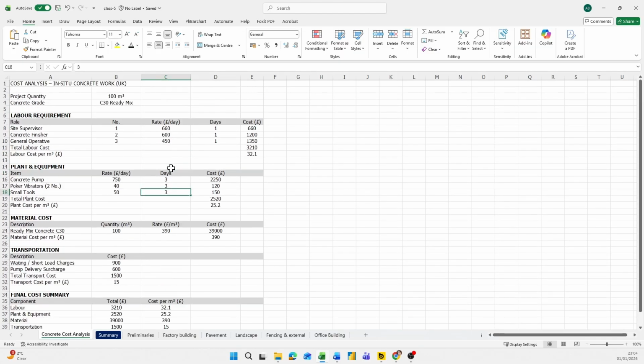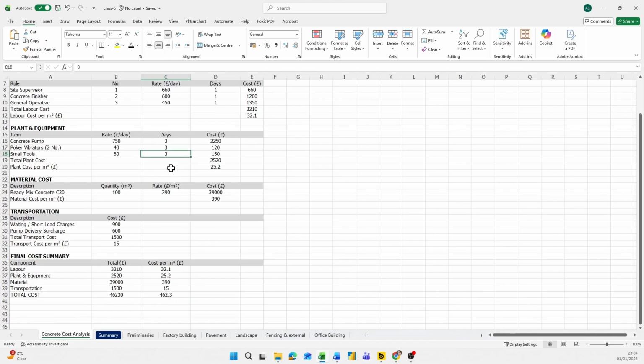So we can assume 100 cubic meters of concrete requires 3 days, and this is the per day equipment rate, and this is the total amount of cost, and this is the per unit cost.